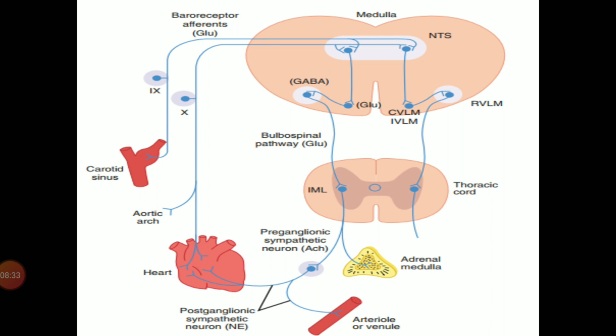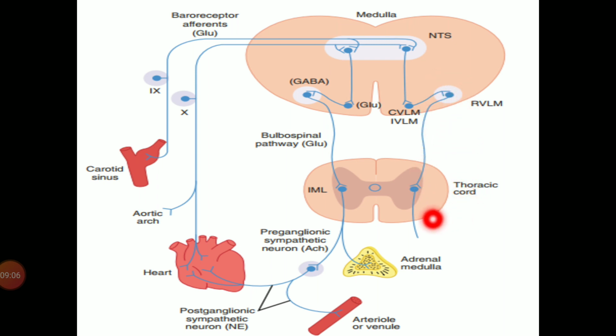In the cardiovascular system, we came to know that whenever the pressure of the blood in the carotid sinus or the arch of aorta increased, the baroreceptor, as it is a stretch receptor, was stimulated. When the pressure of the blood increases, it causes stretching of the blood vessel, and this stretching leads to activation of the baroreceptor, which gives a signal to the higher center so that there is a decrease in sympathetic activity or an increase in parasympathetic activity.